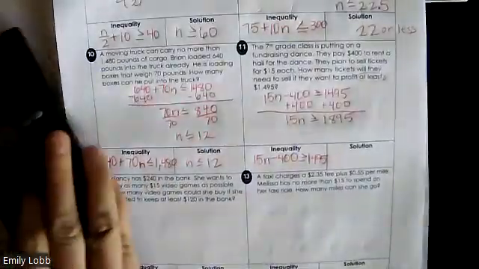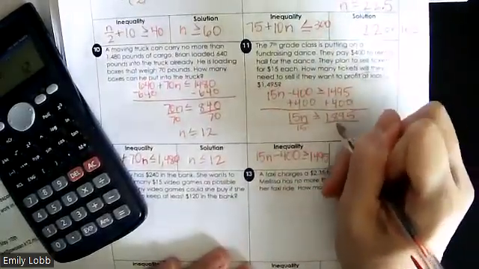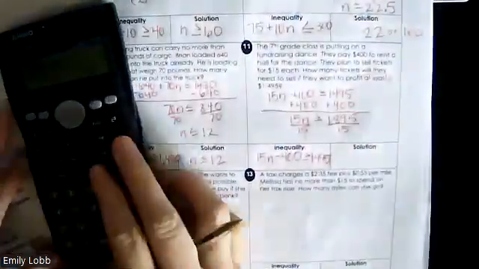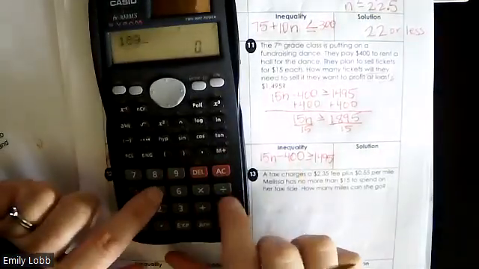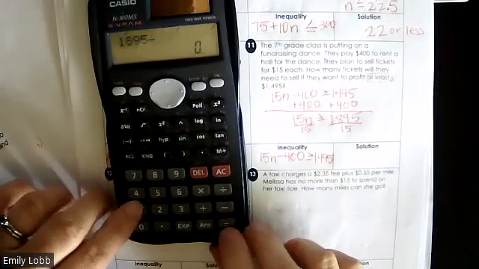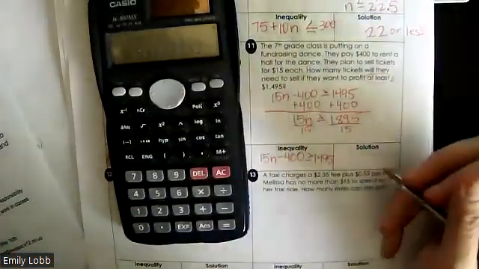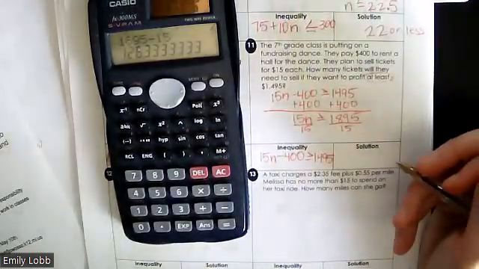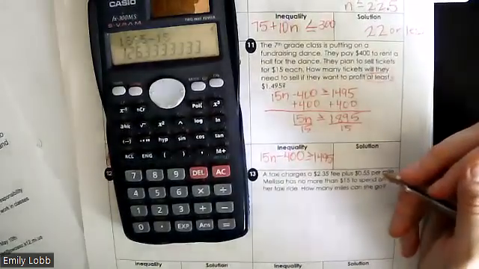So when I divide 1895 by 15, well, we can't sell a third of a ticket here, right?